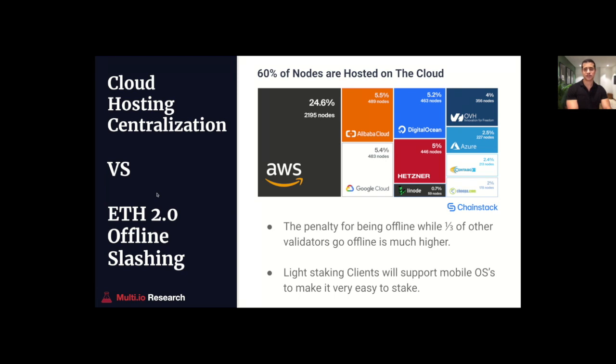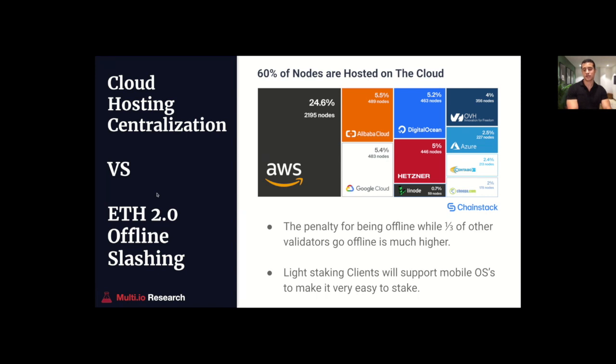The biggest deterrent is that Ethereum penalizes validators for being offline. And if your validator goes offline at the same time as a big majority of the network goes offline, this penalty increases. So this way, validators are incentivized to host on different networks, so they can minimize the risk of being penalized for being offline when one of these major cloud hosting providers faces a major network outage or decides to stop hosting node software.